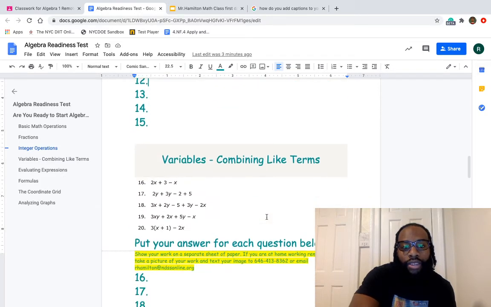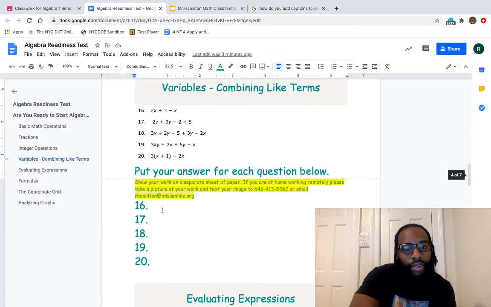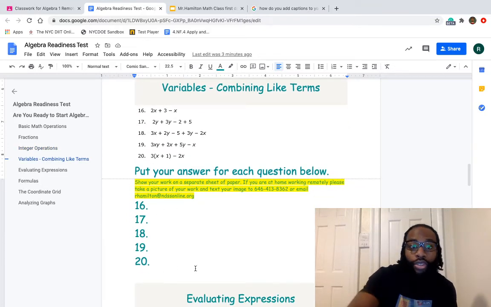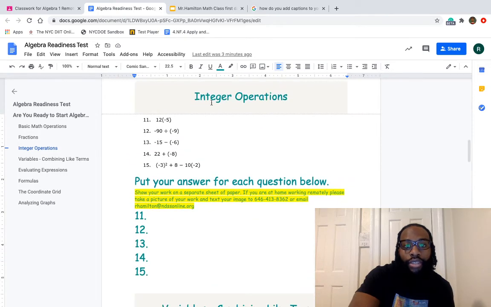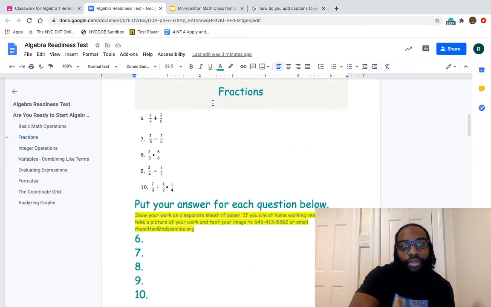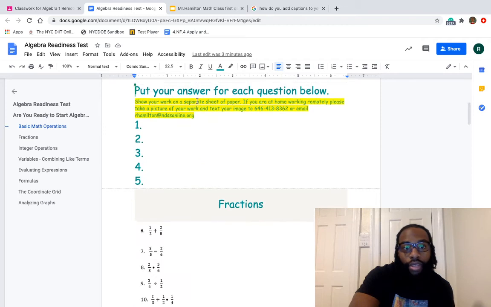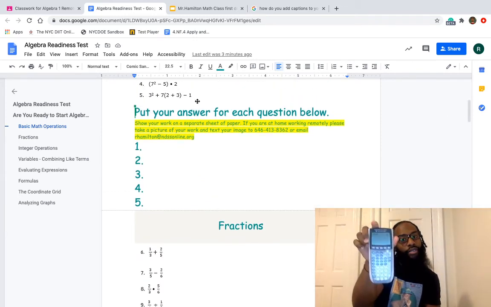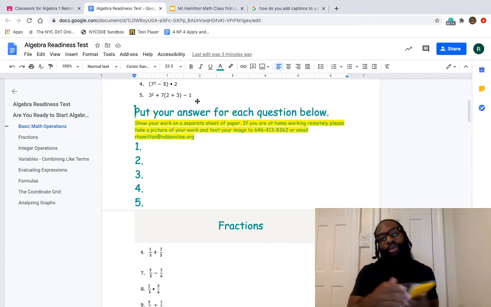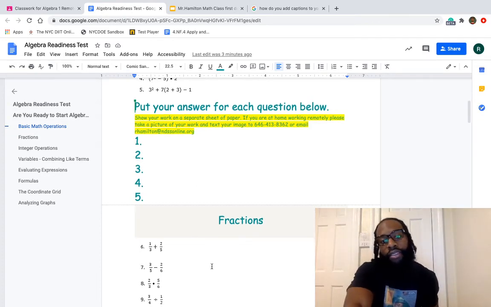Variables and combine like terms, same thing, right? You're definitely going to have to show your work for these questions. This you can do in a calculator. You could do these in a calculator as well, right? If you have a TI-83 or TI-84 calculator, it's especially easier. If not, I'm going to find a way to give you guys these in the class.